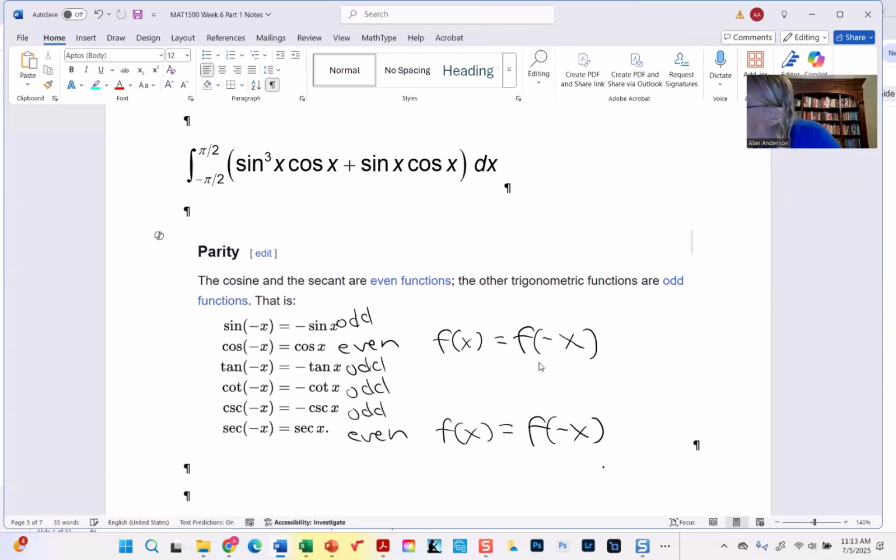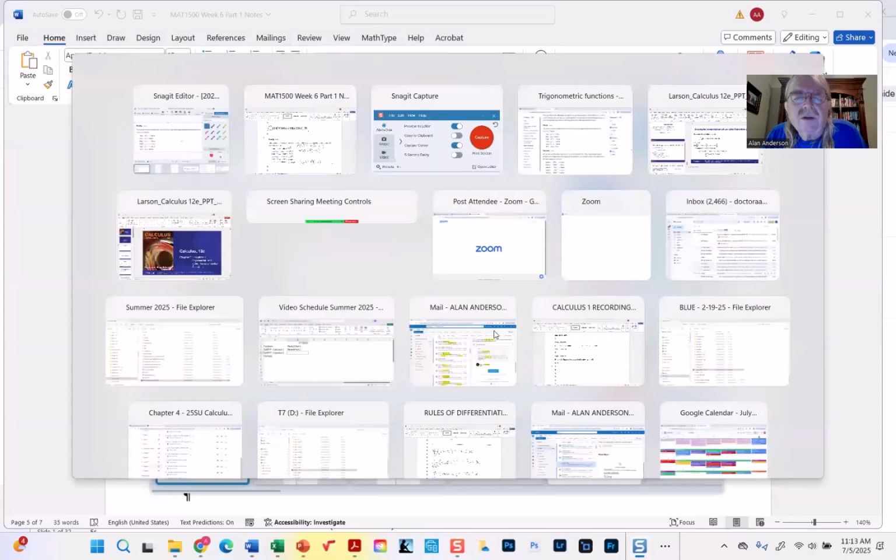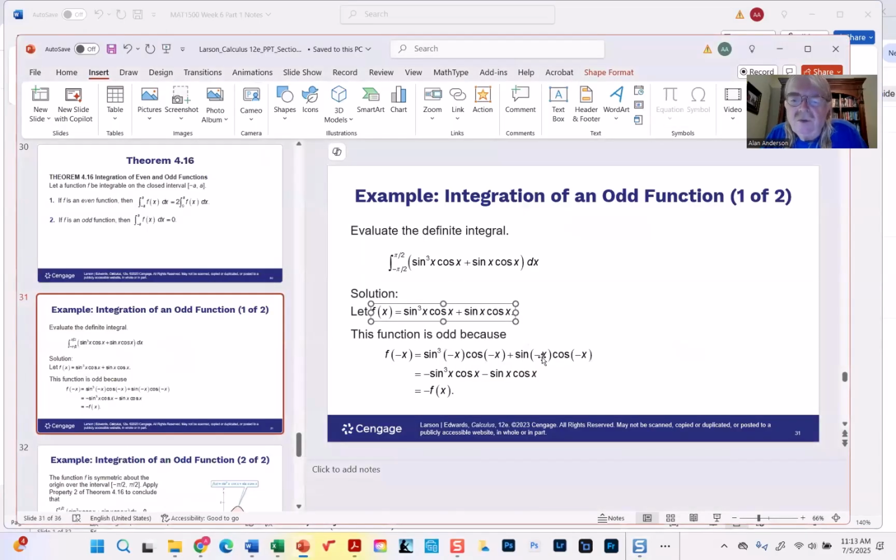And in every one of these cases, f of x is negative f of negative x. All right, so that being said, what they want us to do here is rewrite this. Well, first they want us to prove that it's odd. All right.